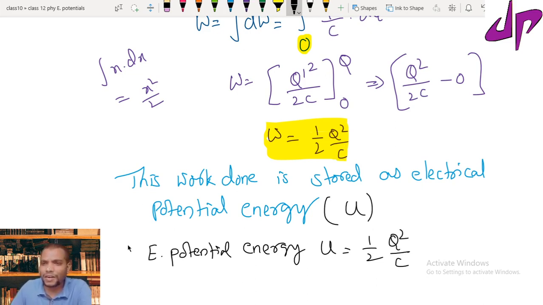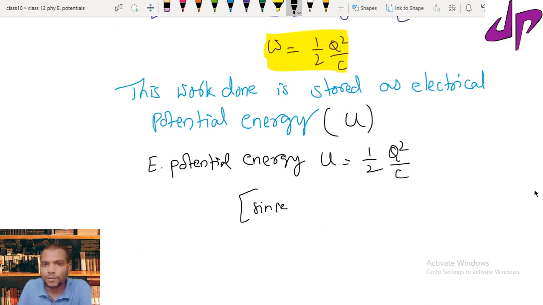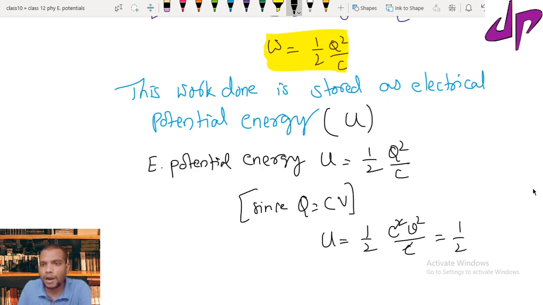Now it has different forms. Since Q equals CV, if we substitute in the above expression, U equals half C square V square by C, so you can cancel one C and get half CV square.